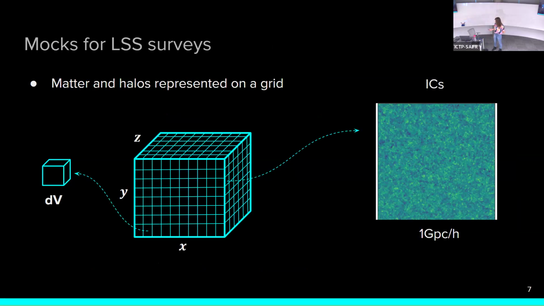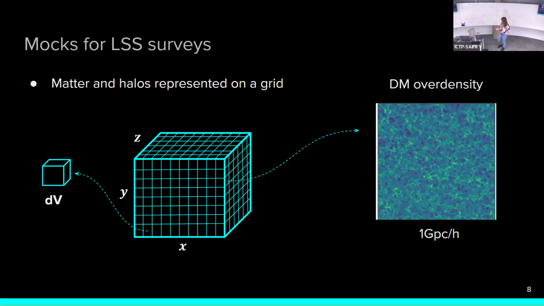Okay, so now this is more practical, just to explain how things will work. We represent the dark matter particle positions and the halo positions in a grid, like this three-dimensional grid. This is just a slice to illustrate: we take one of the slices of this cube and plot it, and then you see the structures here.